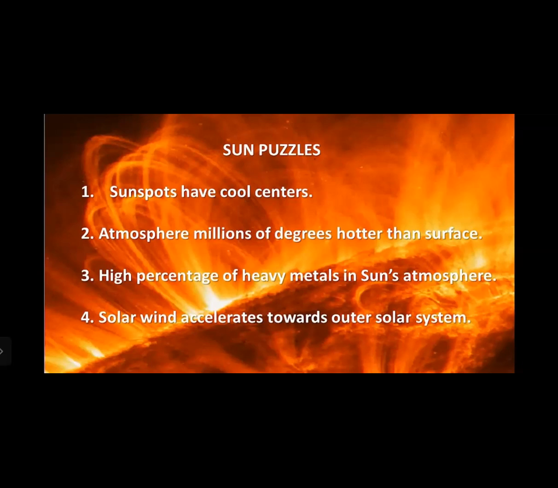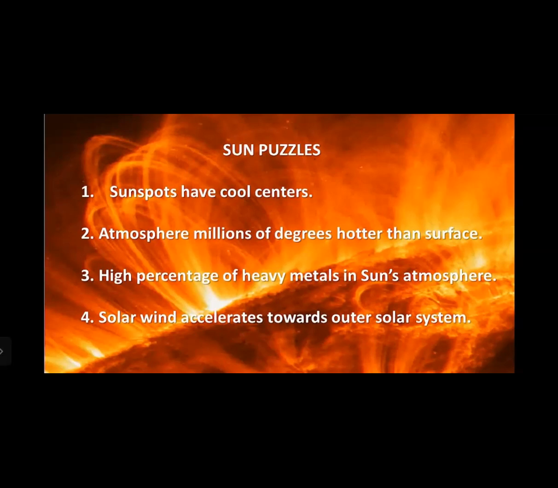The atmosphere of the sun is millions of degrees hotter than the surface of the sun. And there's a very high percentage of heavy metals in the sun's atmosphere. As well, solar wind accelerates towards our outer solar system.